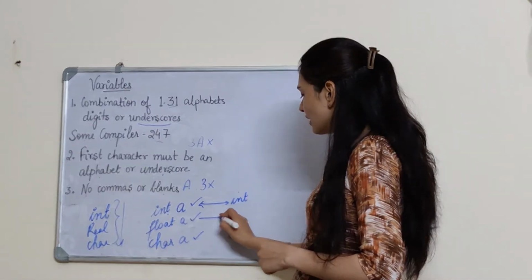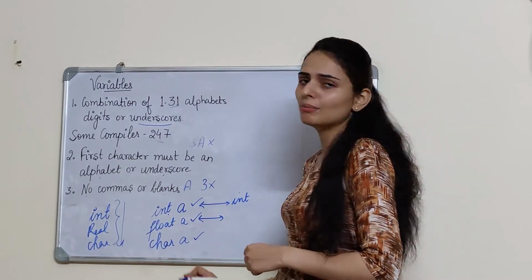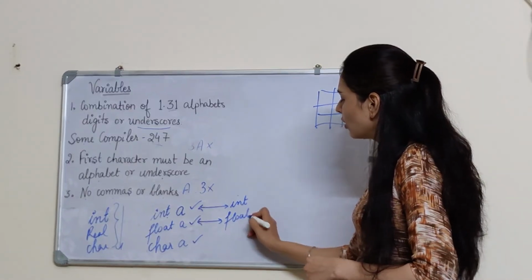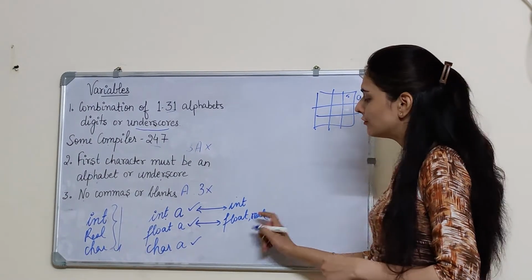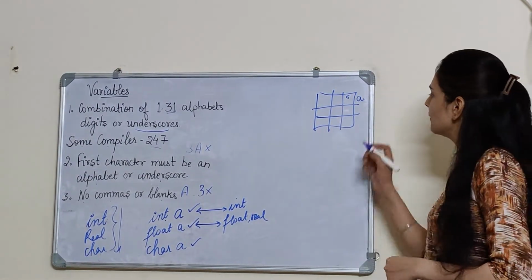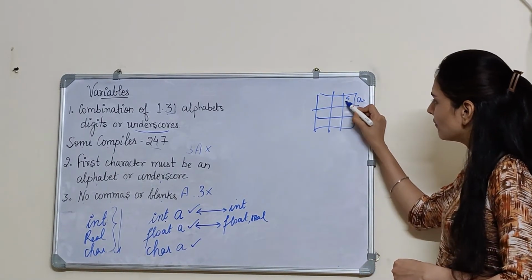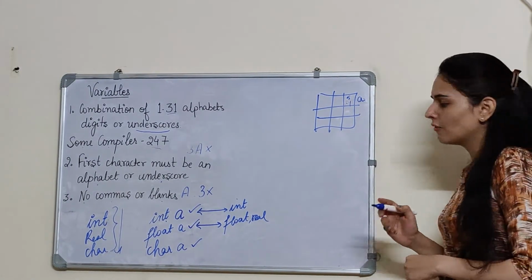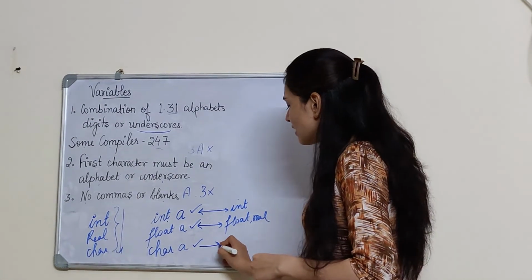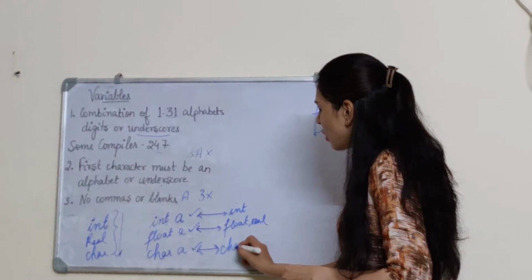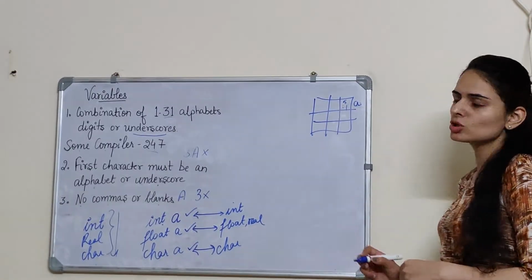And if it is of real type, that is float is preceded by its name, then it can only handle float, or we can say real type of constant value only. So if this is a float type, then the value stored within this will be of float type. And likewise for a character type variable, only the character type constant can be stored.